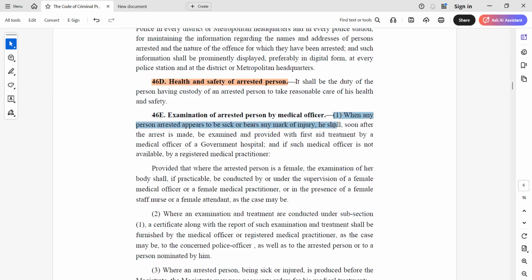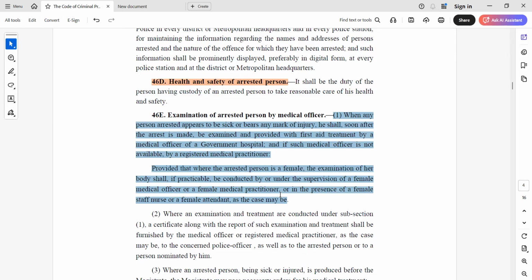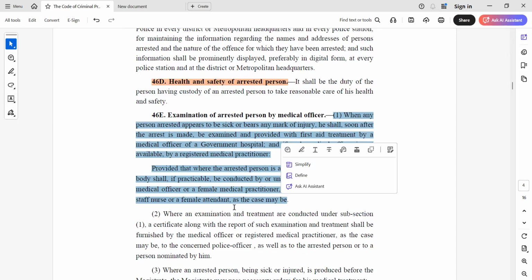Subsection 1: when any person arrested appears to be sick or bears any mark of injury, he shall soon after the arrest is made be examined and provided with first aid treatment by a medical officer of a government hospital, and if such medical officer is not available, by a registered medical practitioner, provided that where the arrested person is female, the examination of her body shall, if practicable, be conducted by or under the supervision of a female medical officer, a female medical practitioner, or in the presence of a female staff nurse or a female attendant, as the case may be.